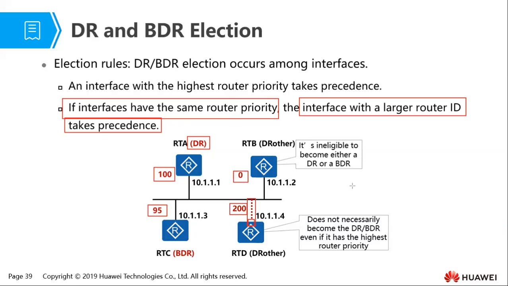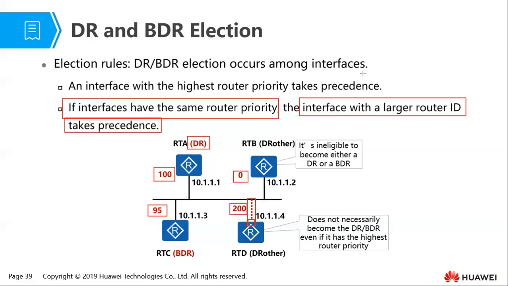And sometimes when you do that, it's also not going to participate in the election. So when we don't want a router to participate in elections, we can specify the OSPF network type on the interface as, for example, point-to-point, and therefore it cannot be elected.